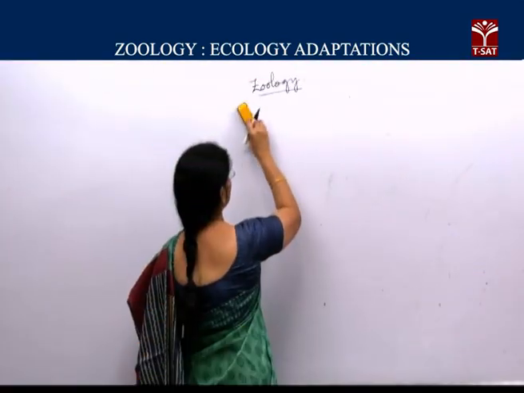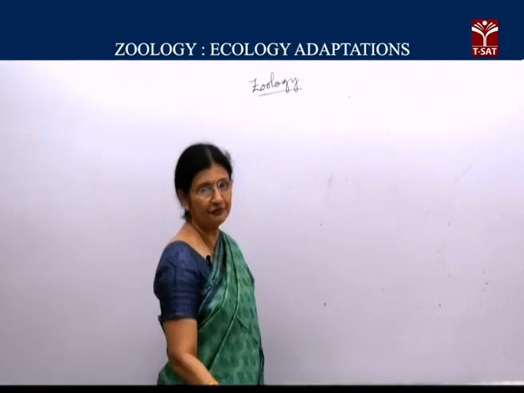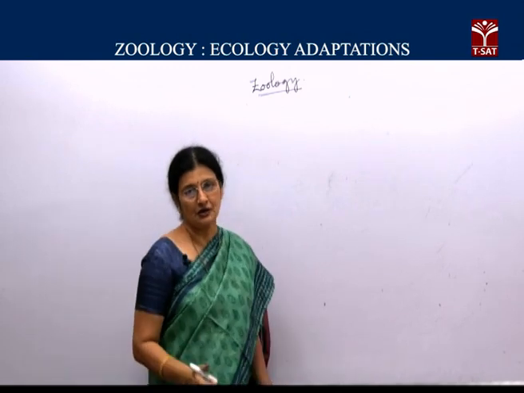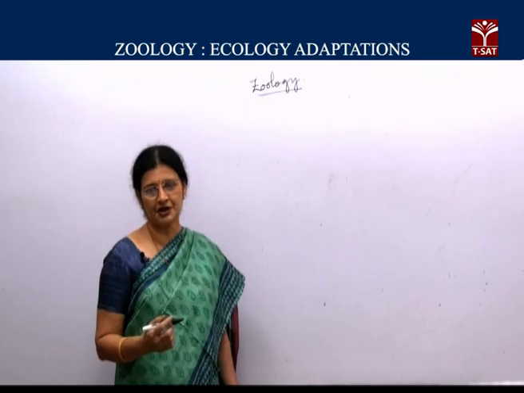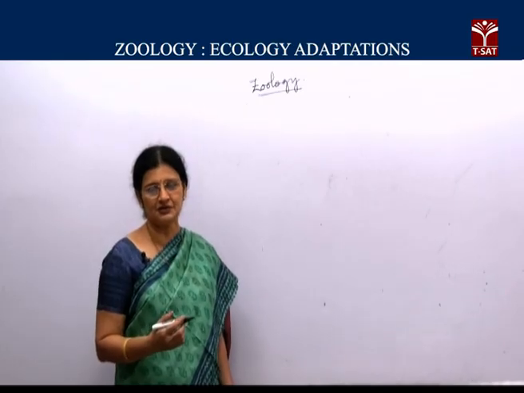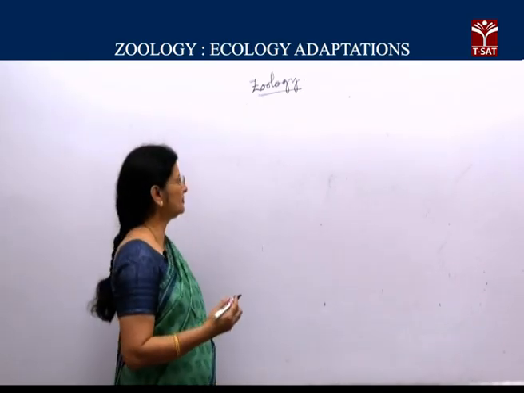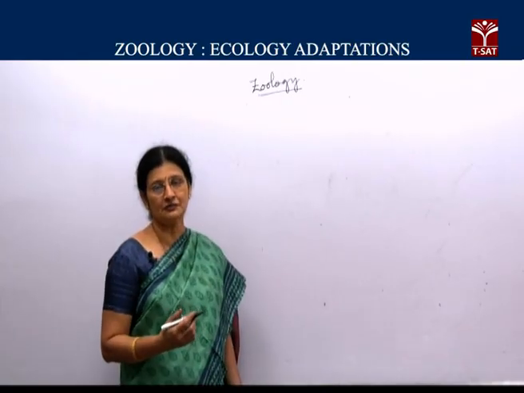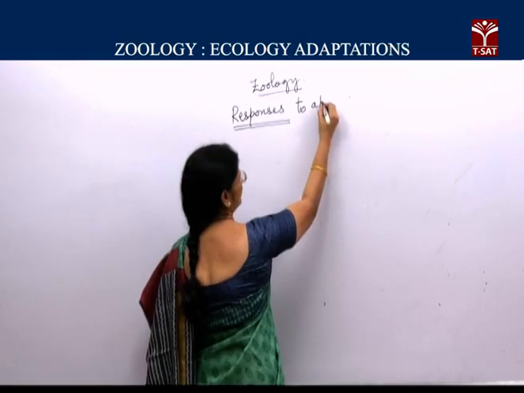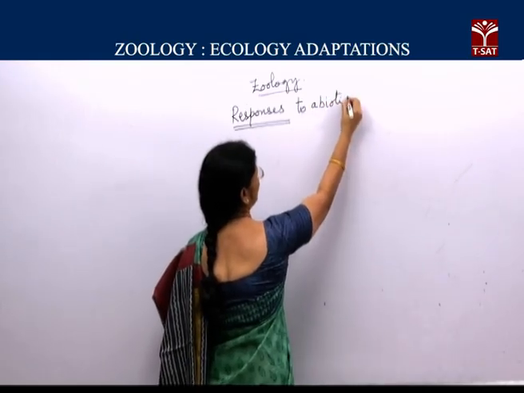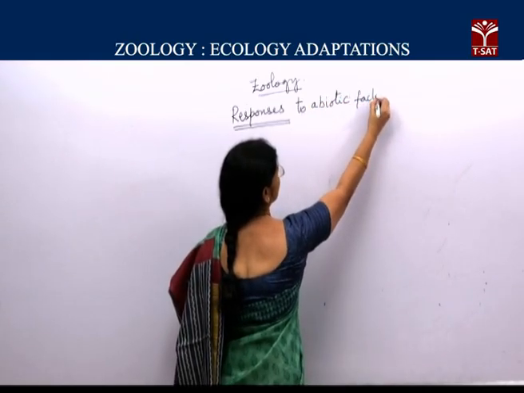Okay, we are talking about different types of factors which are closely related to living organisms. But now we will see what are the responses shown by organisms. Coming to the responses of organisms to abiotic factors.